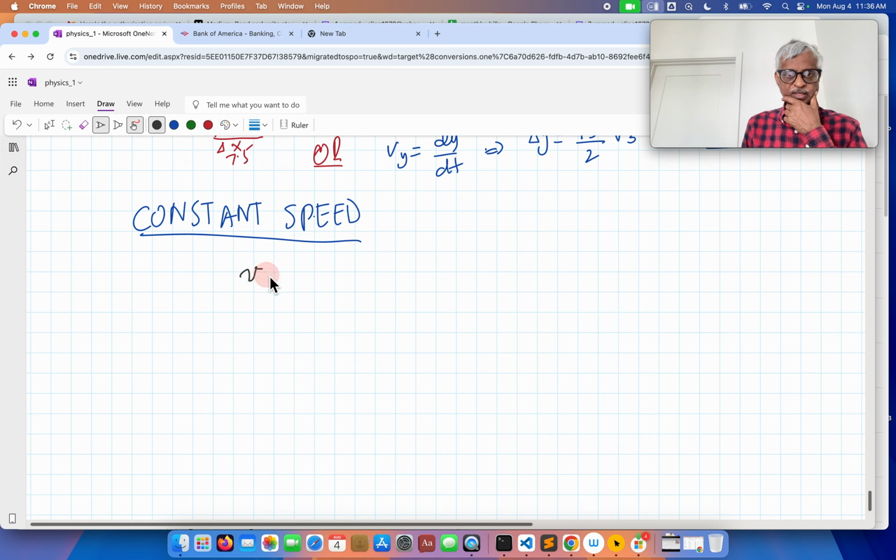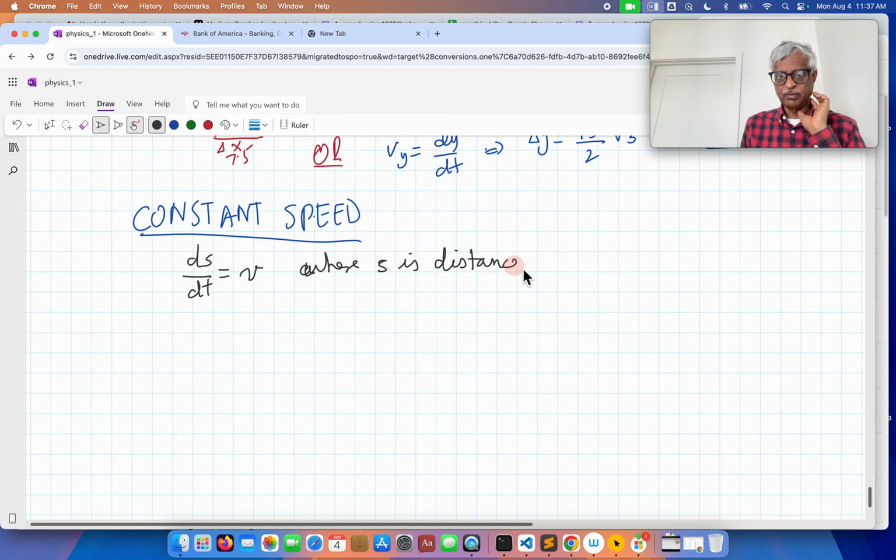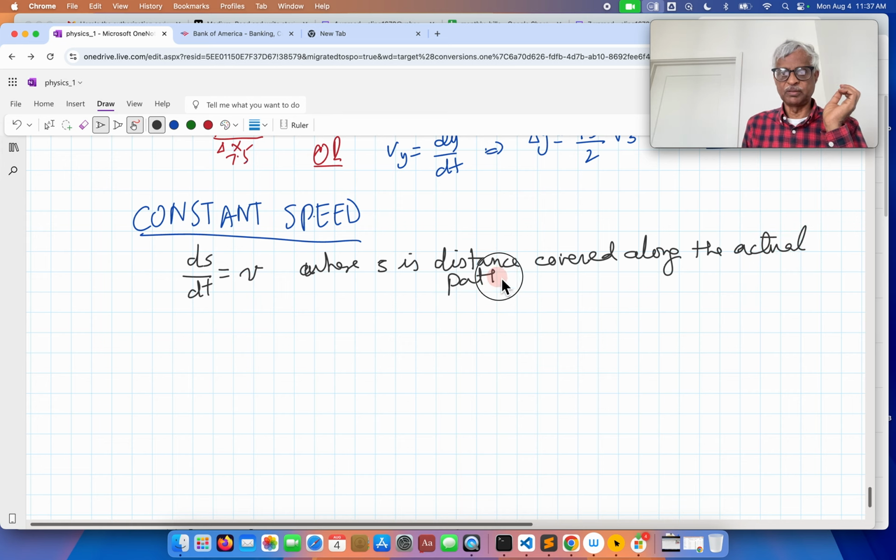So v equals ds over dt, where s is the distance covered along the actual path of motion.